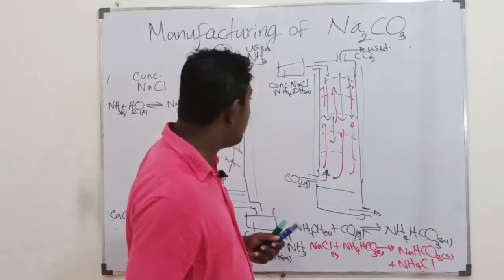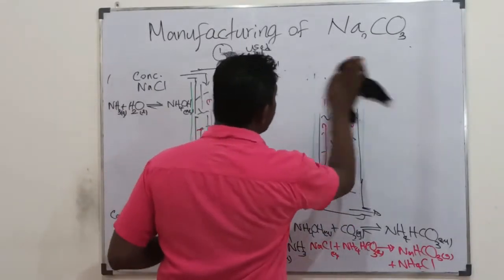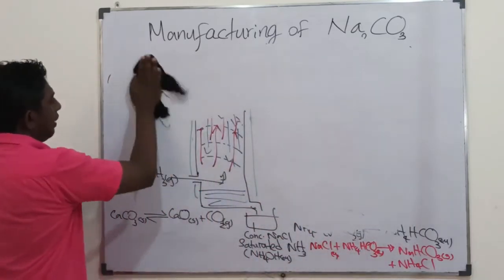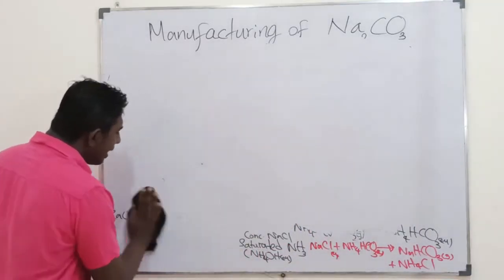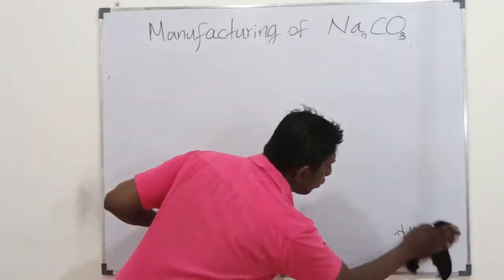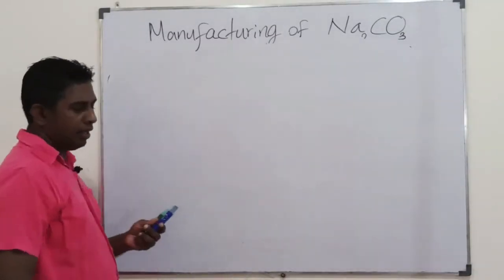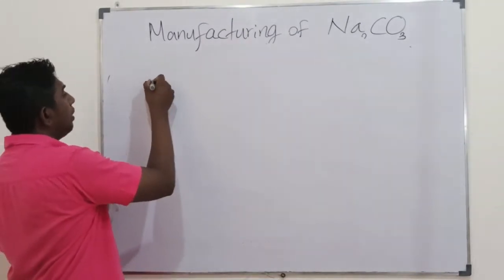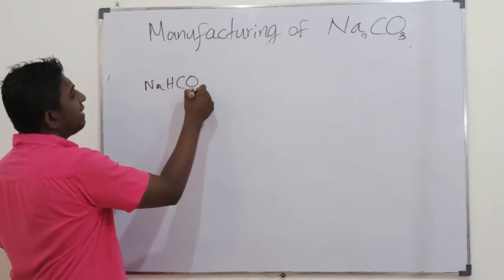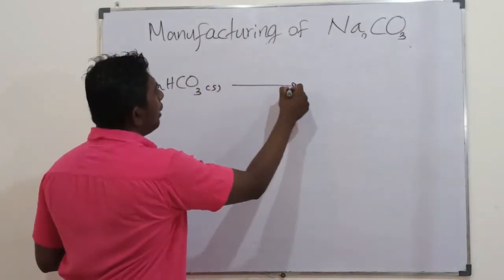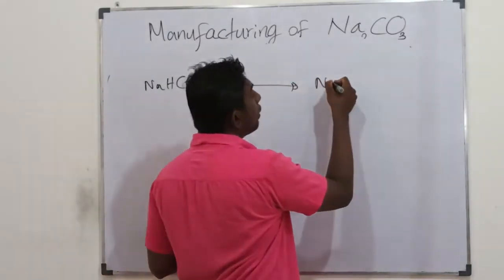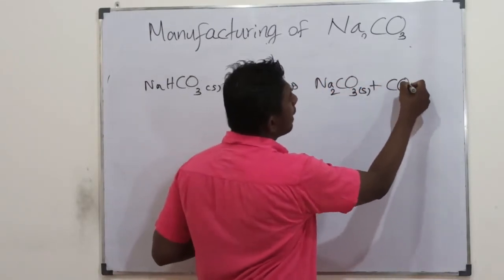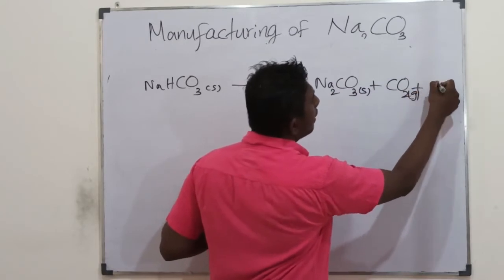There's more space needed, therefore I'm going to erase this. Students, you would be heating the formed sodium bicarbonate solid to decompose it into sodium carbonate. How do you know that all bicarbonates first decompose into their respective carbonates? It gives you sodium carbonate solid, carbon dioxide gas and water vapor.